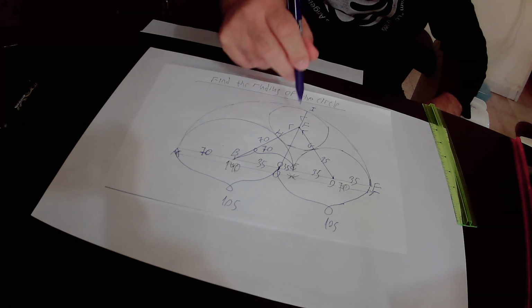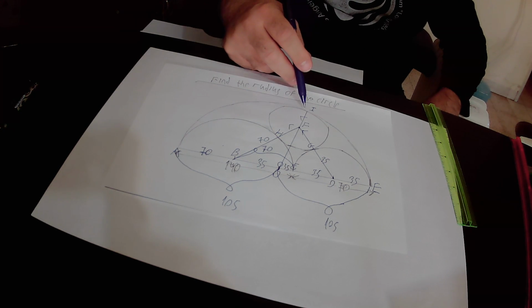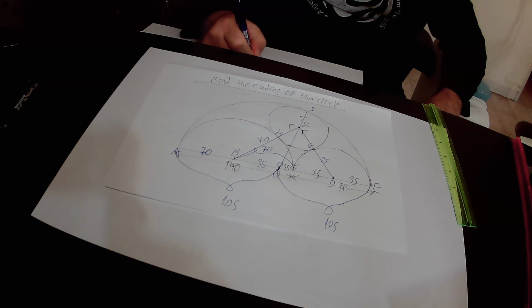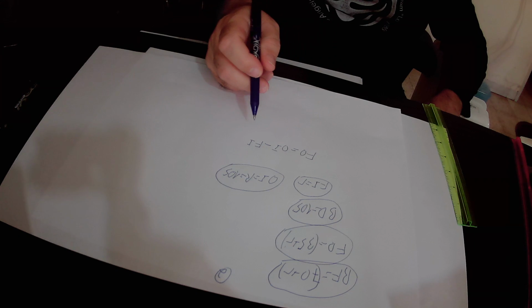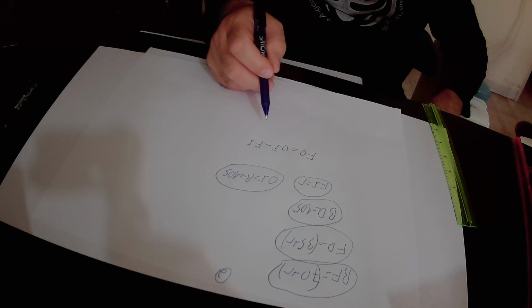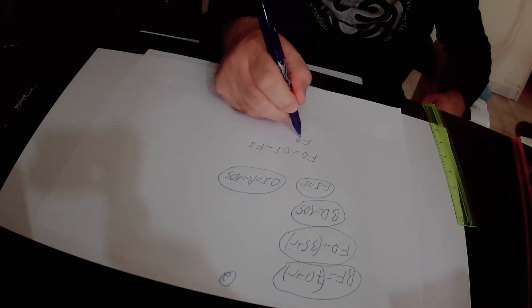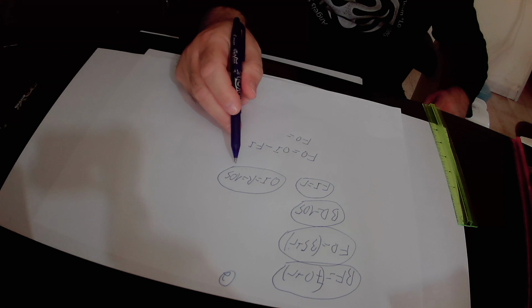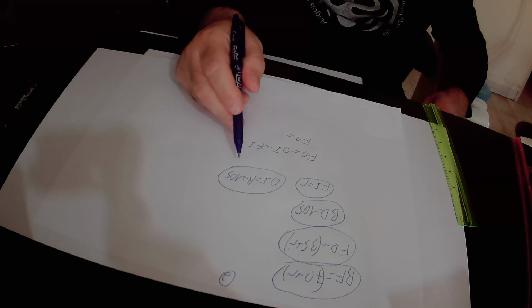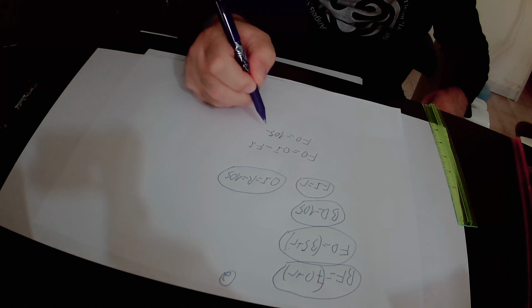OI equals 105 units, so we substitute OI by 105, minus FI.